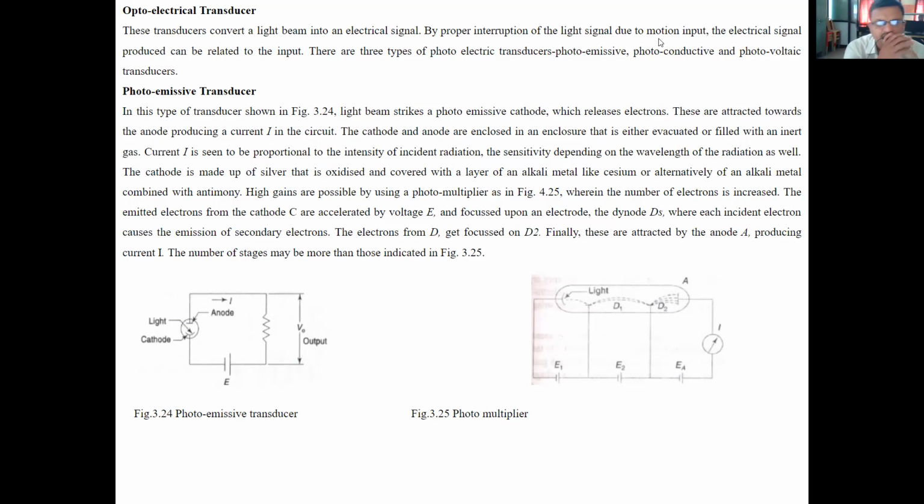The electrical signal produced can be related to the input. There are three types of photoelectric transducers: photoemissive, photoconductive, and photovoltaic transducers. This is the photoemissive transducer.